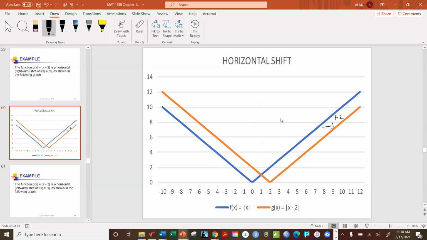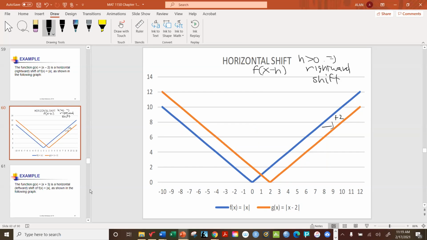Remember, when you have f of x minus h, if h is positive, that's a rightward shift. All right, and if we do the opposite, you'll see that it's a leftward shift.